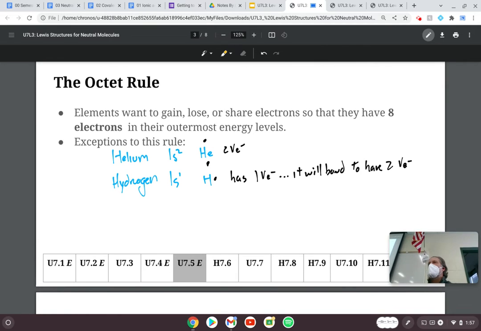What does that mean? It means that hydrogen has 1 valence electron, hydrogen wants 2 valence electrons, and hydrogen will bond one time only. And that is all.